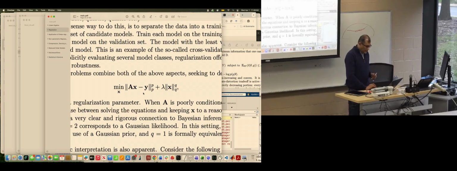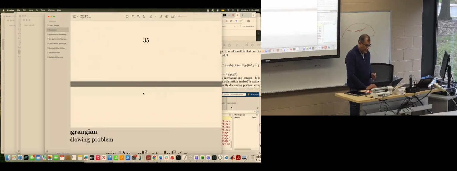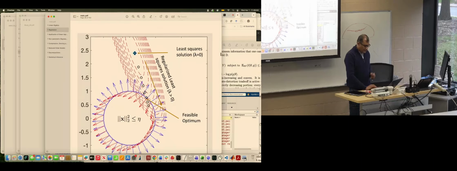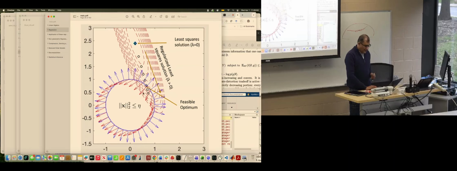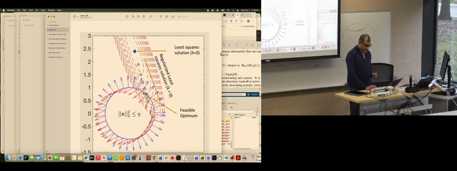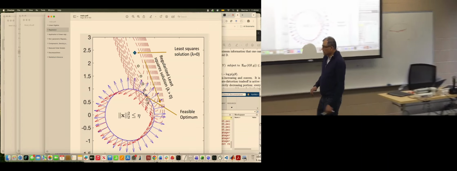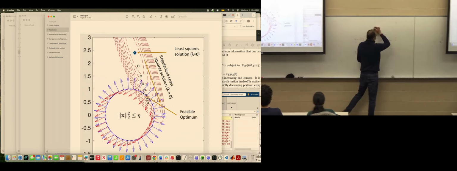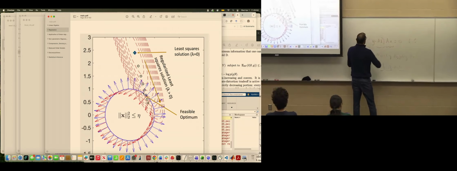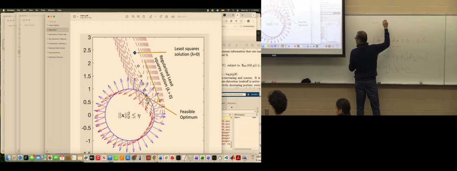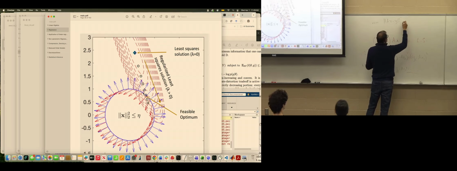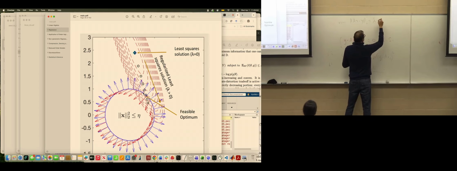But what I wanted to conclude the class with is this, actually from another class I used to teach. Here is a diagram I made some time ago. What this shows is minimizing the 2 norm of Ax minus y plus lambda times the 2 norm of x.